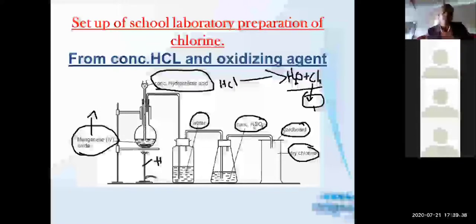Then now, the manganese oxide will be reduced. The manganese oxide will be reduced to, who can tell us? Sir, pardon, I've said manganese oxide is an oxidizer.